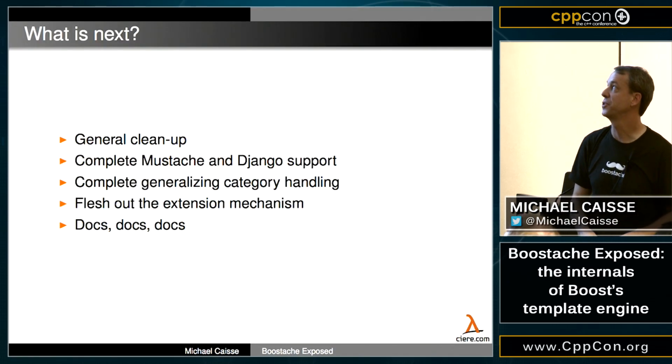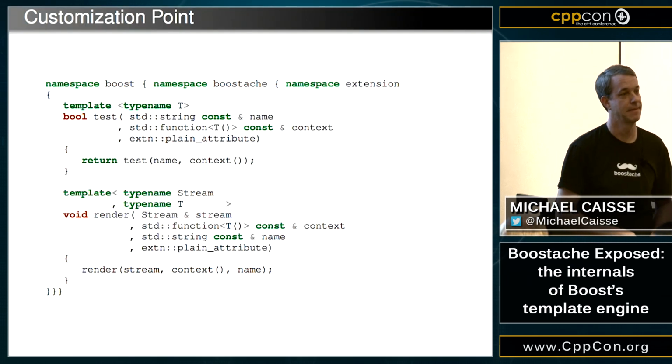So what's the plan for the future? Michael, one more question. Yes. Could you use this mechanism to start plugging stuff into the AST? So if you had an include, could it call one of these, would it invoke one of these extension functions? Yes. So the question is, can you use extension functions to actually do includes?